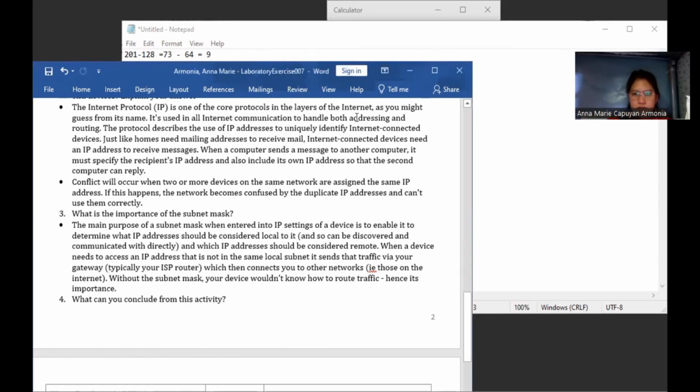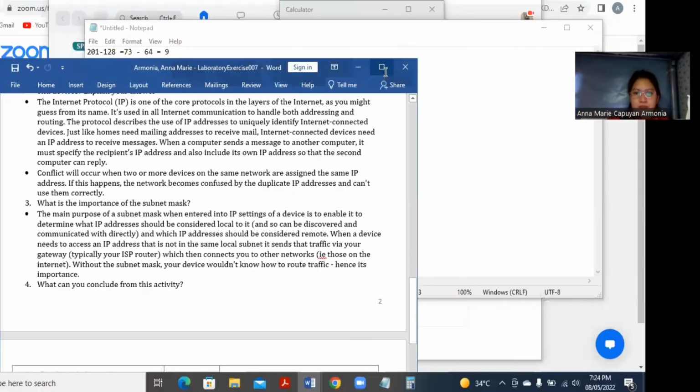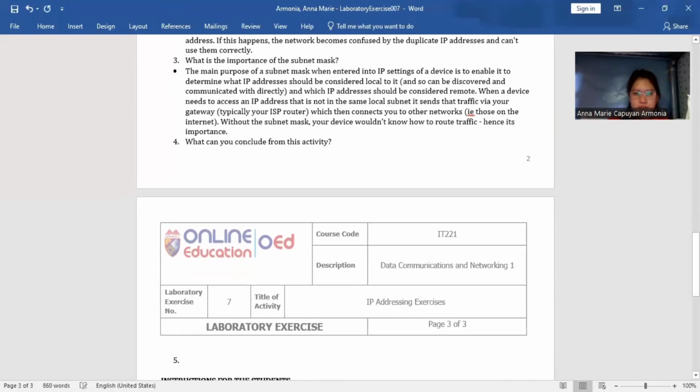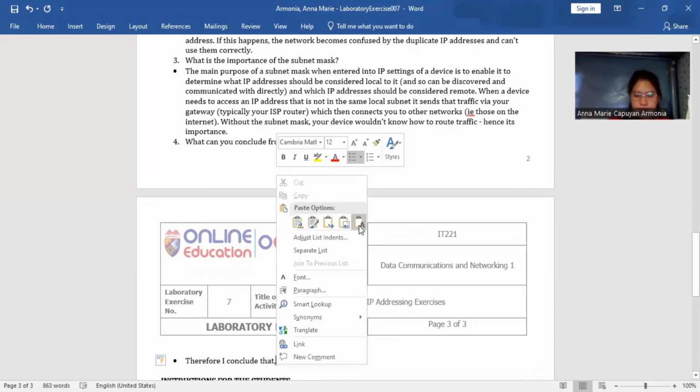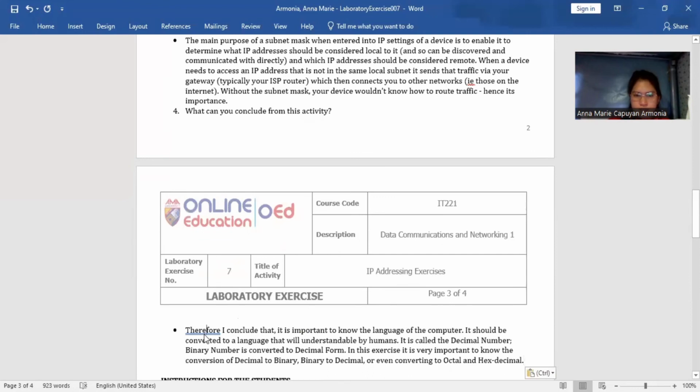So what can we conclude from this activity? We can conclude that a better number should be completed along with one understandable by humans.